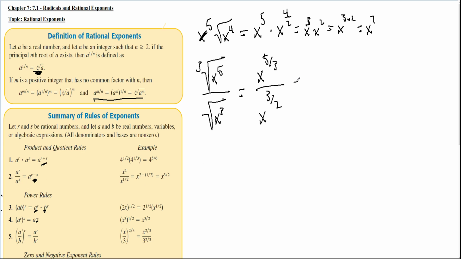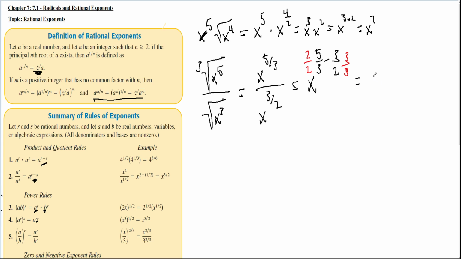Same base, but different powers, so I can subtract the exponents. So 5/3 minus 3/2. I have to find a common denominator, and the common denominator for 3 and 2 is 6. So I would multiply the first fraction top and bottom by 2, and the second fraction top and bottom by 3.